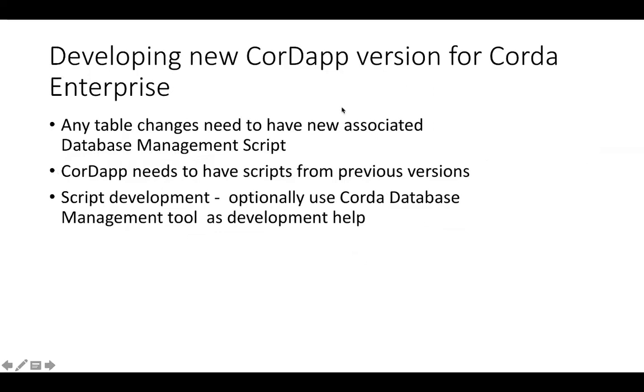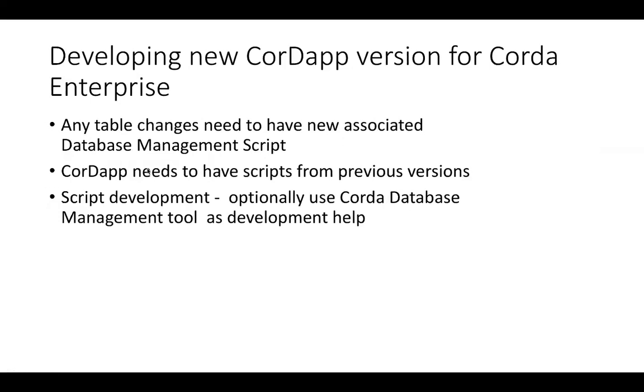And as well, when you create a new version of an existing CorDapp, and if there are any changes to JPA entities, each time you need to create an additional new Liquibase script, and this script needs to be added to the CorDapp. Essentially, it's documented on our webpage.